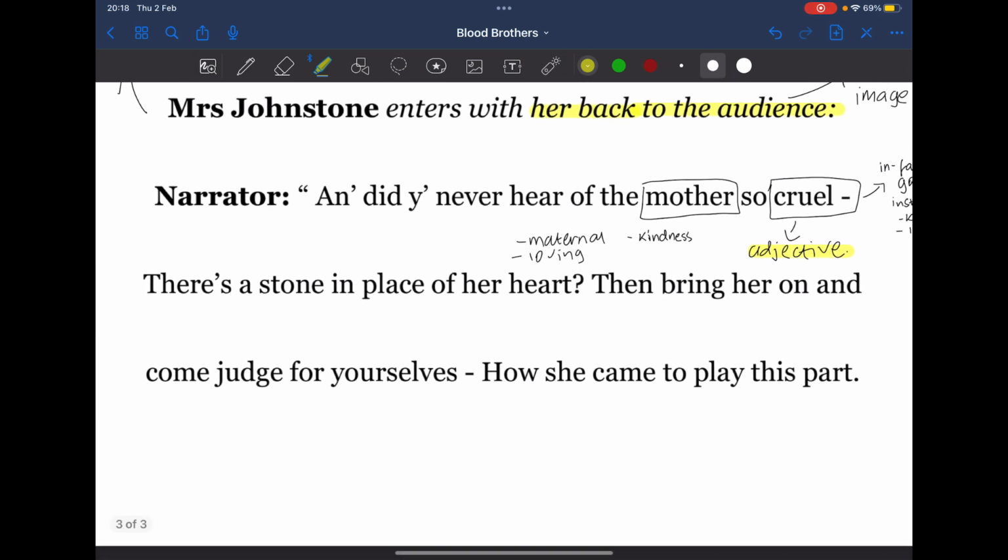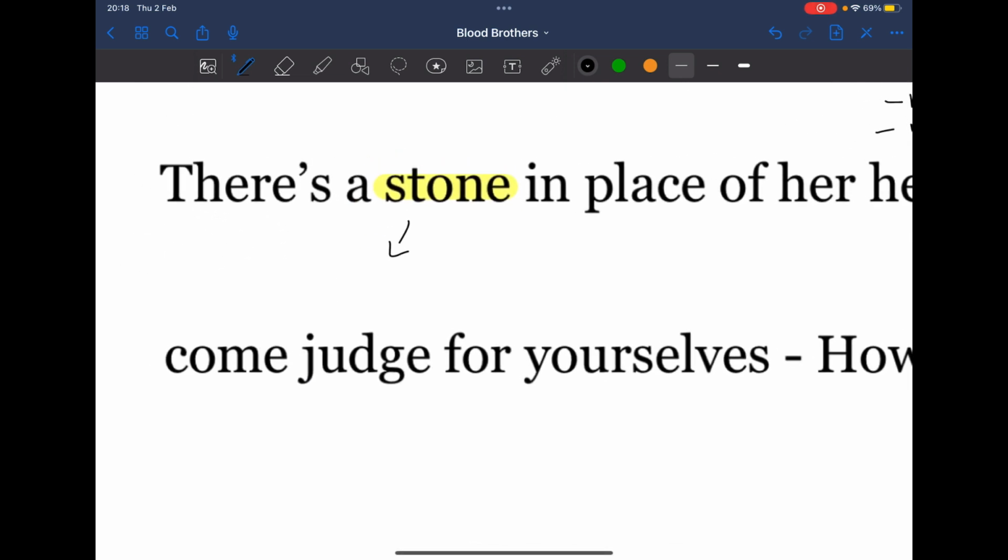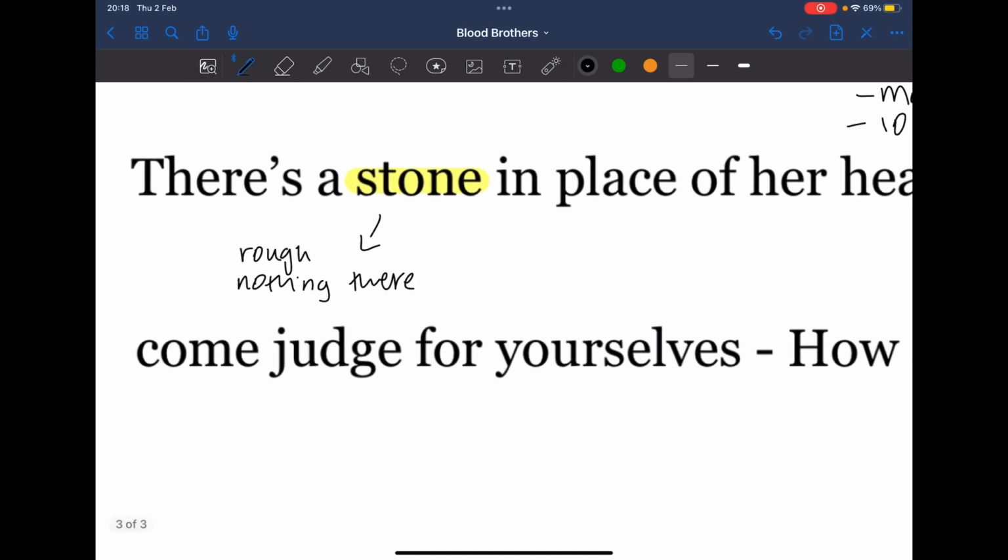We move on to the next line. It says, there's a stone in place of her heart. So, a stone. What do we think of when we hear the word stone? You've got things like rough. There's nothing there. You've got things like heartless.